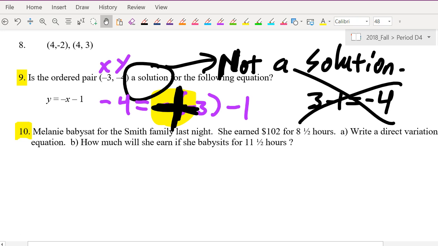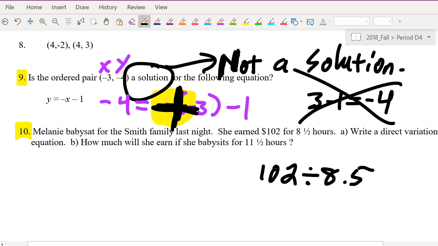All right. Melanie babysat for the Smith family last night. Wasn't that nice of her? She earned $102 for 8.5 hours. Write a direct variation. Before we write the direct variation, we need to know how much she made for each hour. How do we do that? We divide 102 by 8.5. I think it's 12. It is.